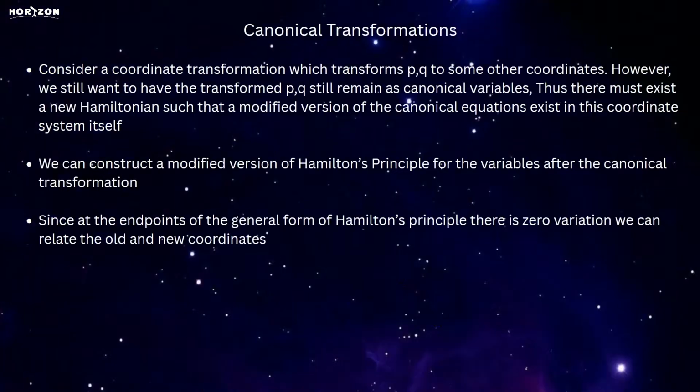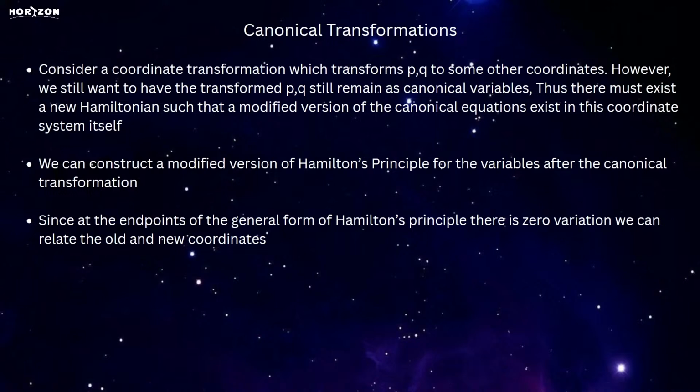And moving on, let's see what a canonical transformation is. A canonical transformation is nothing but a coordinate transformation from a set of initial coordinates to a set of final coordinates. But it turns out that they have to maintain a specific condition. That condition being that Hamilton's equations of motion must have their form preserved.